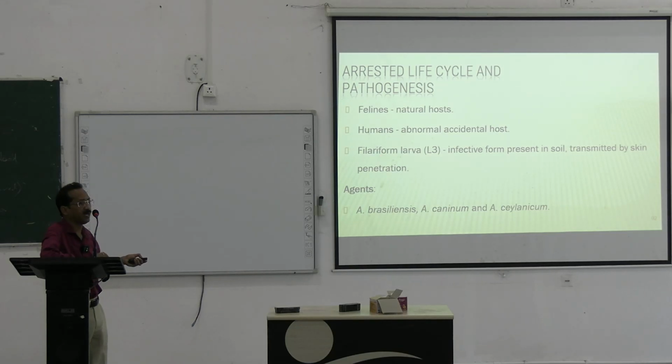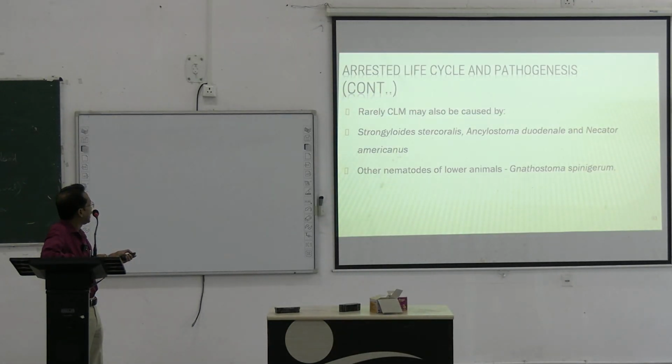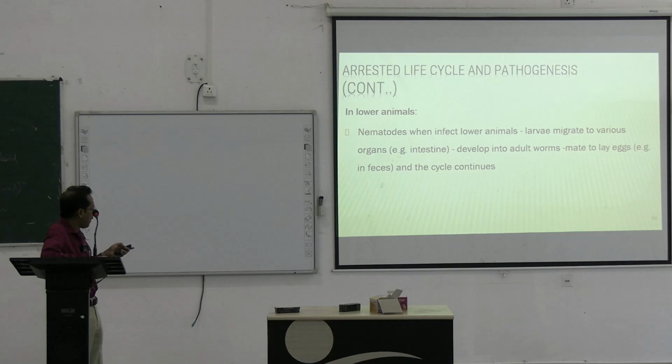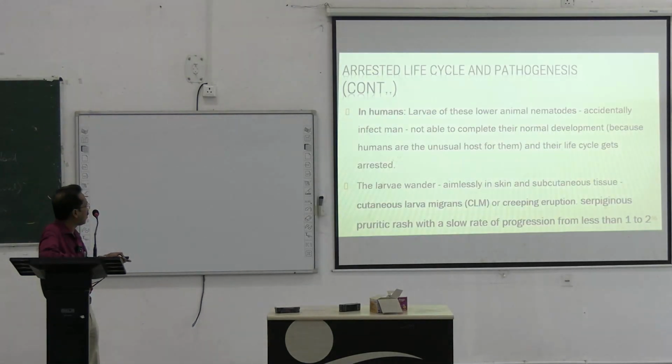But since human is not a natural host, these are larva currens. Larva currens means the speed of this larva is high. Strongyloides stercoralis can cause larva currens. Larva migrate to various organs and develop into adult form. This is normal in lower animals, this is their life cycle, but in humans they cannot complete it.